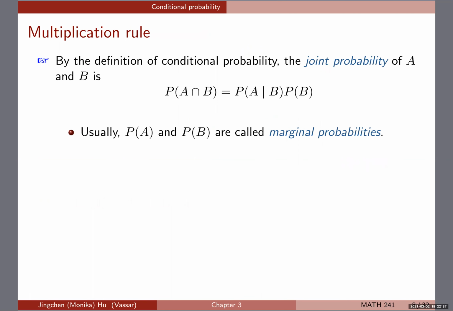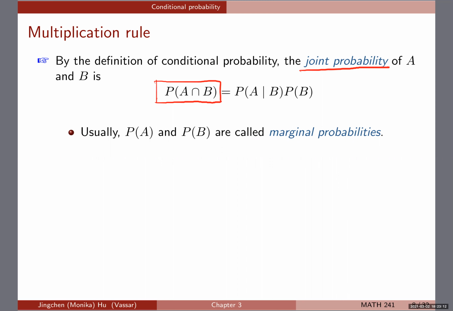All right, and then I'm going to cover one very important rule, and I think many of us already know this intuitively, but now let's put it into a formal definition and then bring back our familiar example. By the definition of conditional probability, the joint probability of A and B is, notice we're using a new term here, joint probability of A and B. In fact, it's what we have in the numerator when defining conditional probability.